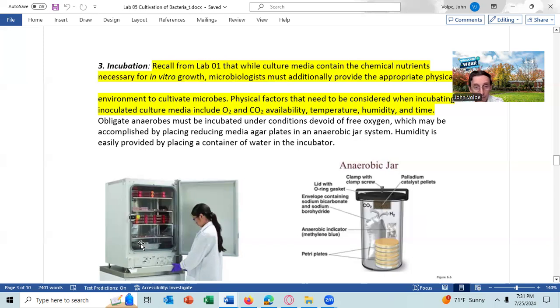Without adding humidity, the plates will dry out within about a week. If you add humidity, all it is is a container of water there, and then the heat simply brings the humidity out. You can have your plates in the incubator for up to 2 weeks. Any question about any of that?